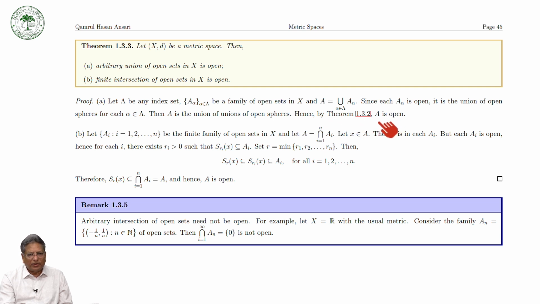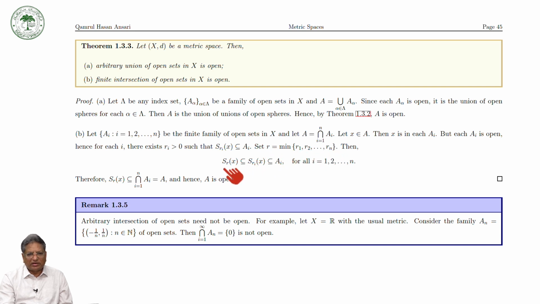So it's very simple. And for the intersection, let A i be a finite family of open sets in X, and A is the intersection of all these sets. Let us take x in this intersection. Then x is in each A i, and each A i is open. So for each i there exists r i greater than 0 such that S r i x is a subset of A i. Now set r equal to the minimum of r1, r2, up to r n.